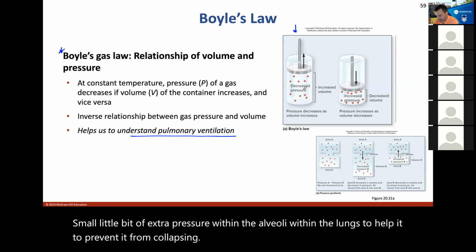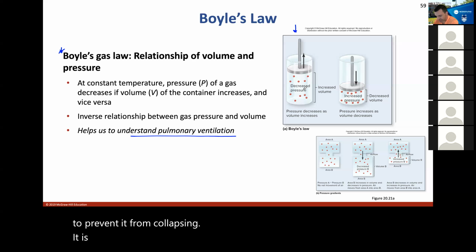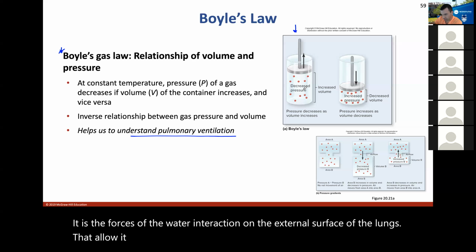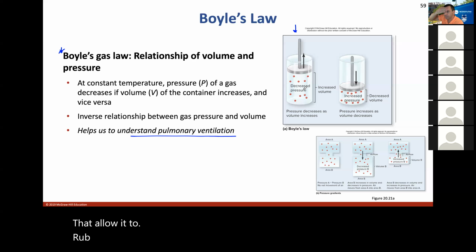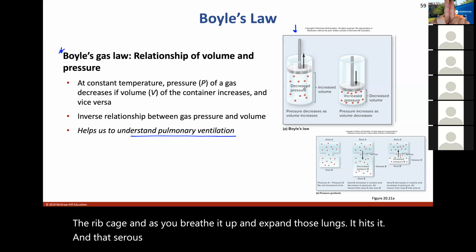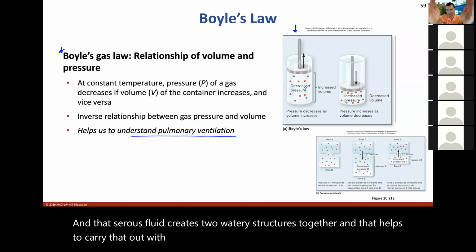It is the forces of the water interaction on the external surface of the lungs that allow it to rub up against the rib cage. And as you breathe in and expand those lungs, it hits it, and that serous fluid creates two watery structures together, and that helps to carry the lungs out with it. And that'll help to expand those lungs. So that's that pressure.